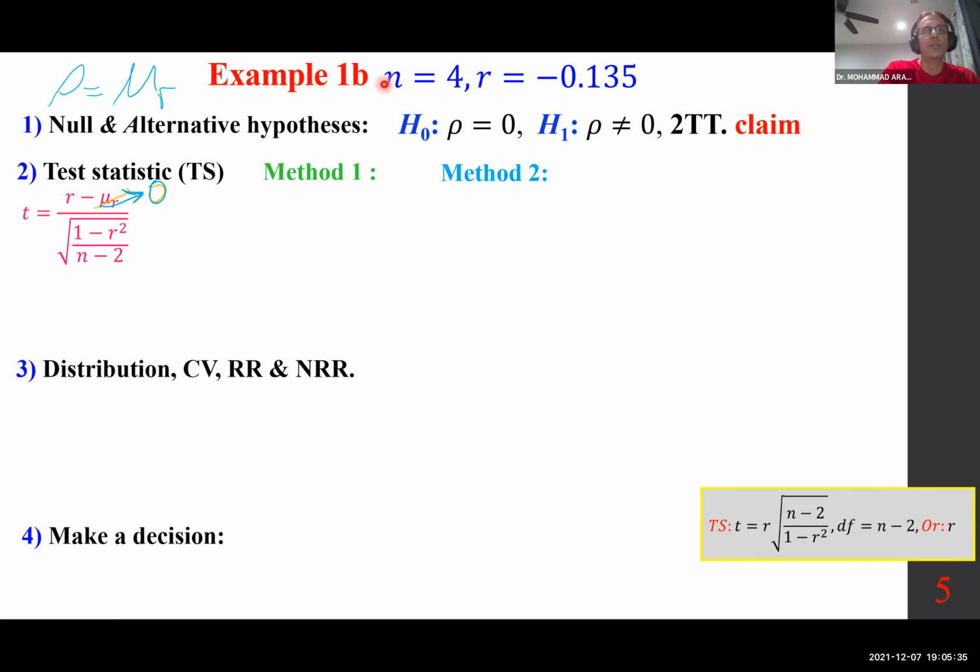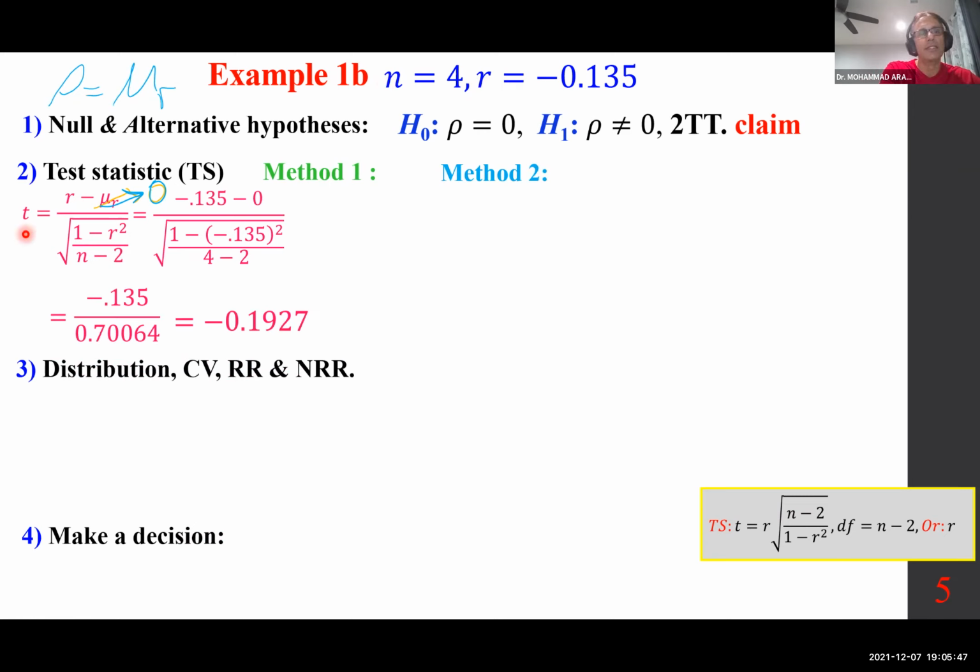Plug in, we have everything. We have lowercase r, we have n, and we end up calculating this complex fraction giving us the value of t. The test statistic using the t distribution results in this number. Bear in mind, we are doing it by hand.